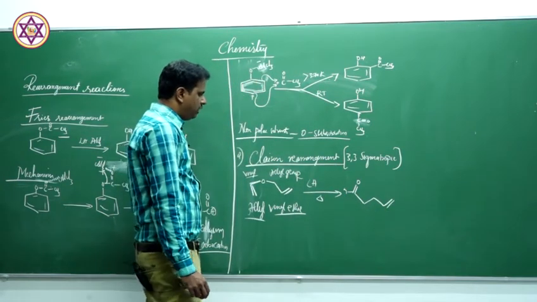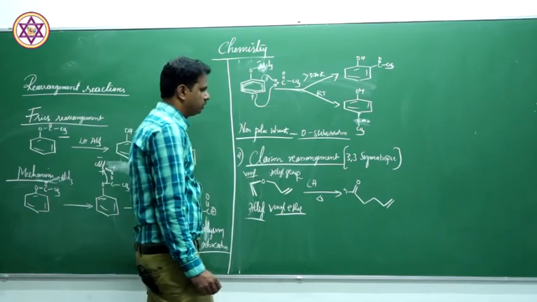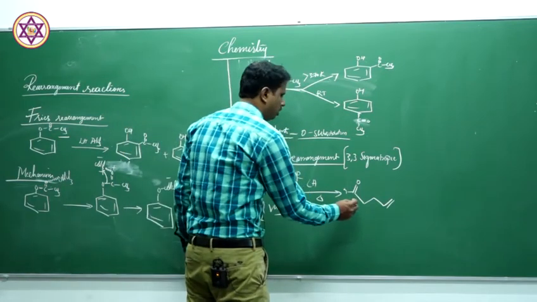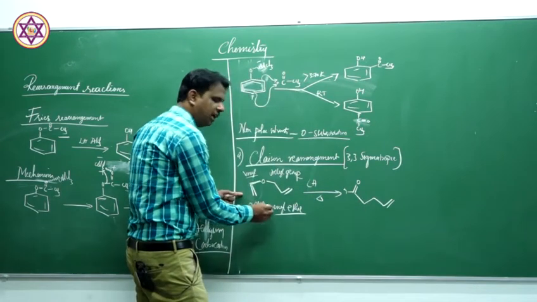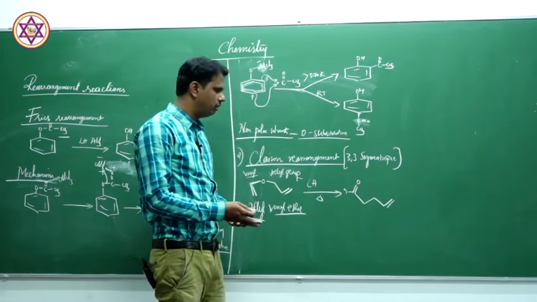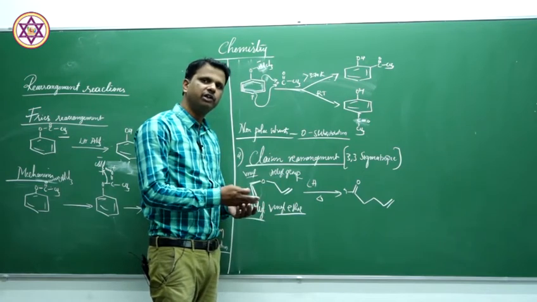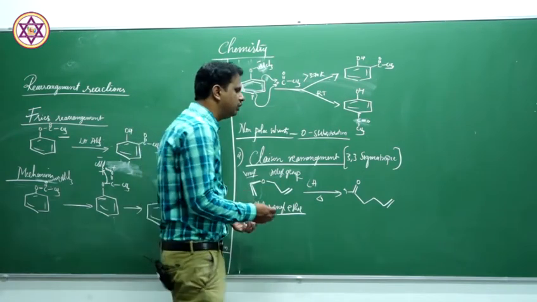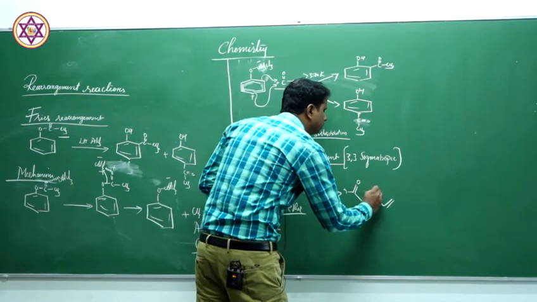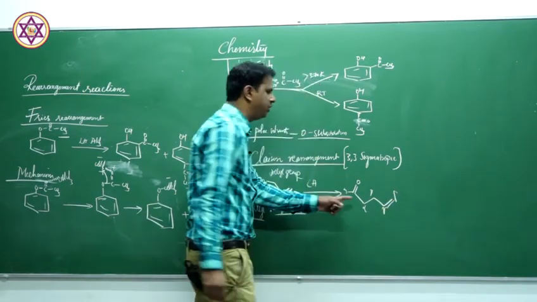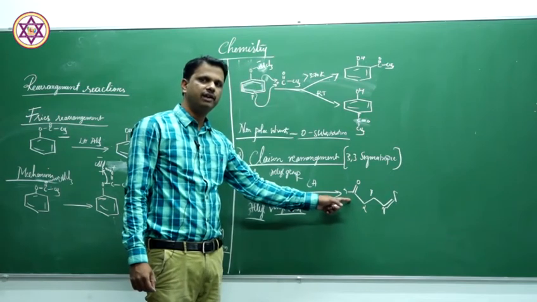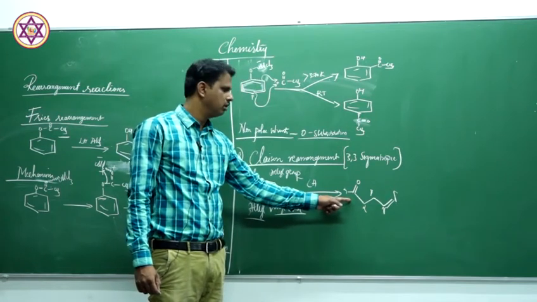Now we need to understand what is happening here. When you take allyl vinyl ether and heat it, or heat it in the presence of a Lewis acid catalyst, it converts into a gamma delta unsaturated carbonyl compound.